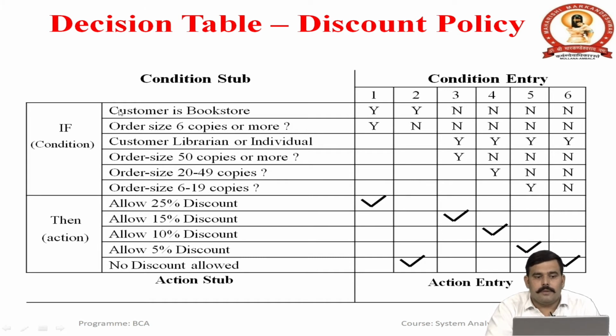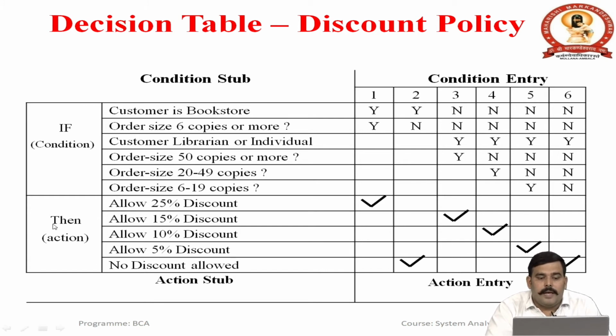The condition stub has conditions like customer is bookstore, order size is 6 copies or more, customer type is librarian or individual, order size is 50 copies or more, order size is 20 to 49, order size 6 to 19. What we observe here is that we have no entry for an order of less than 6.